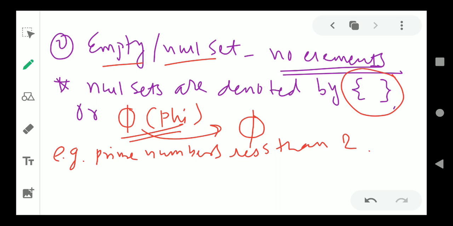Suppose the name of our set is X, capital X. No element is there which is prime and less than 2, so this is an example of empty or null set, or it can be written using the letter phi. The next two types, finite set and infinite set, will be discussed in the next slide.